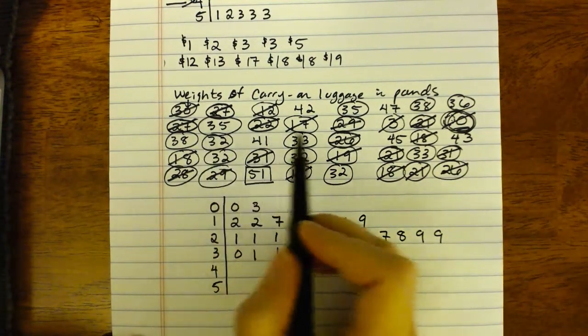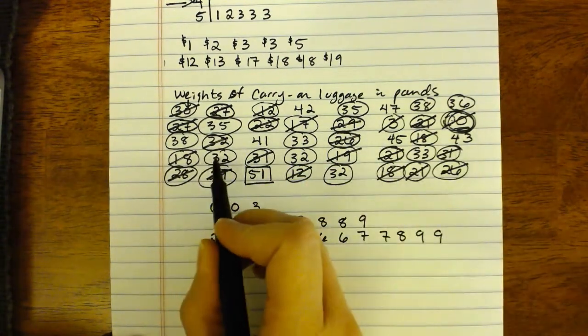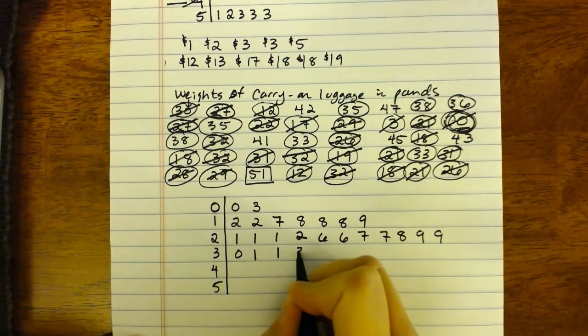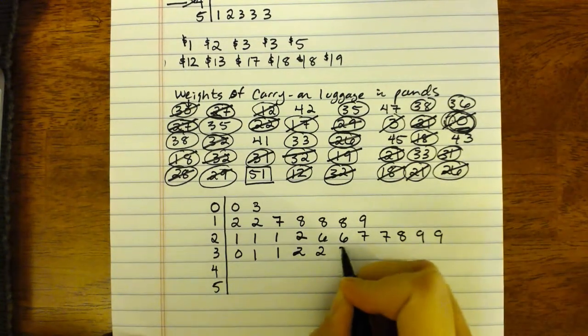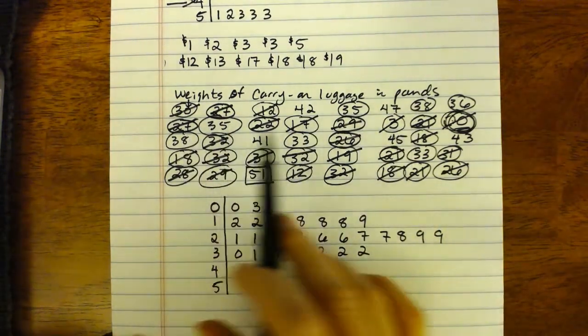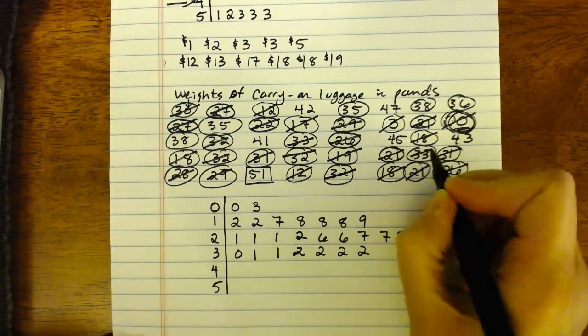Then we look for 32s. 1, 2, 3, 4. Then we look for 33s. 1, 2.